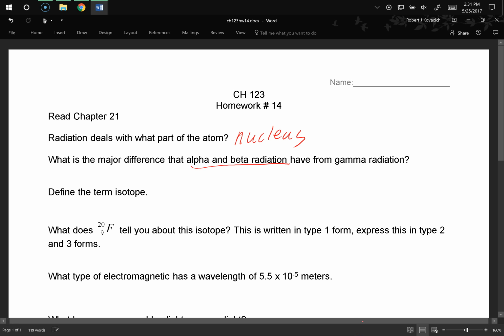Okay, that's one. This will, that'll transmute the element. I don't disagree with that statement, but that doesn't answer the question.